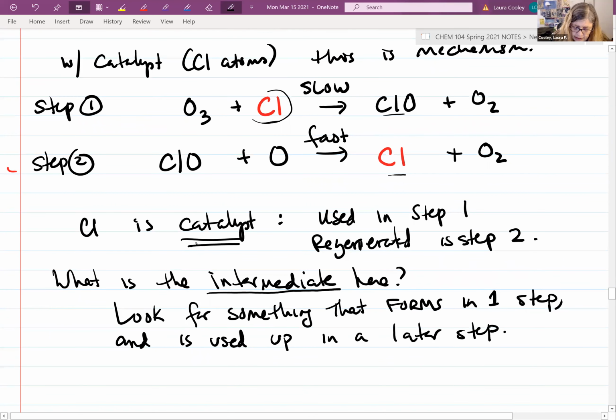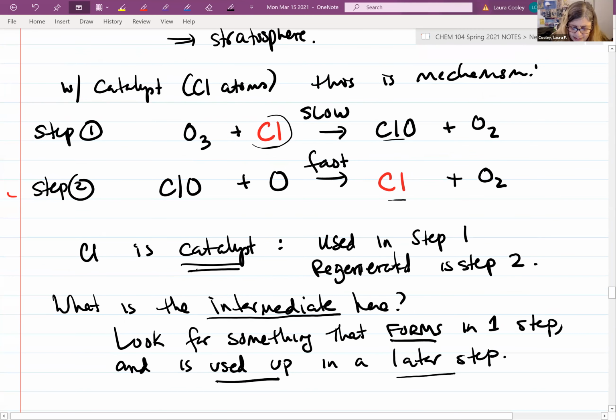So a catalyst is used in one step and then is reformed, regenerated, in a later step. An intermediate forms in one step and is used up in a later step. So that must be what here then? It's ClO. This is the intermediate.